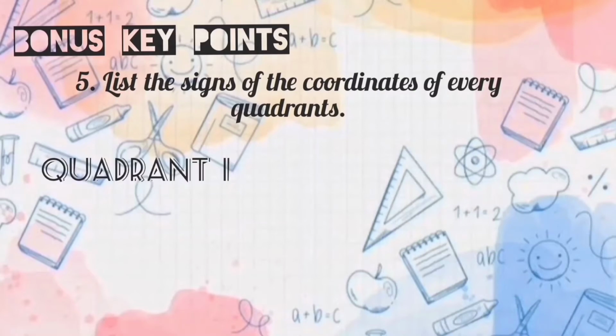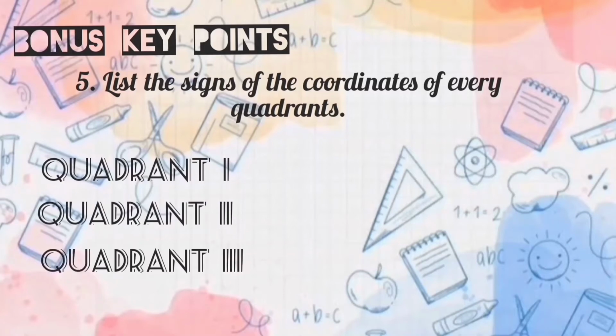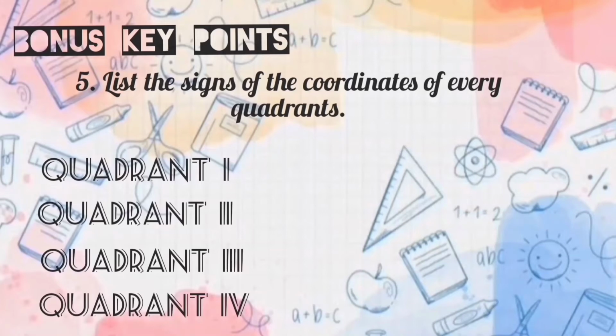List the signs of the coordinates of every quadrant. The answer for quadrant 1 is positive, positive. For quadrant 2, negative, positive. For quadrant 3, negative, negative. And for quadrant 4, positive, negative.